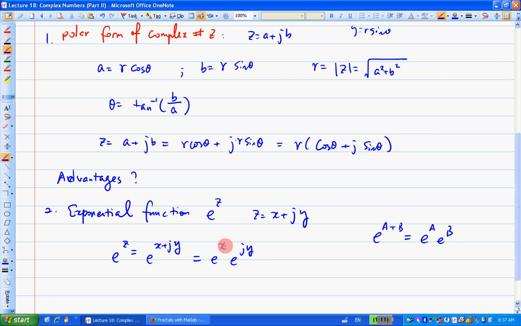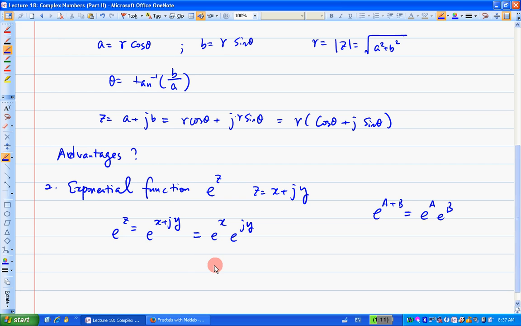This is e to the power of a real number, so we'll just leave it as it is, right? It's basically this portion in here. So what exactly is this portion here? This is the formula I'm using here, okay? So we're going to stay as e to the power of jy, which is cosine y plus j sine y.